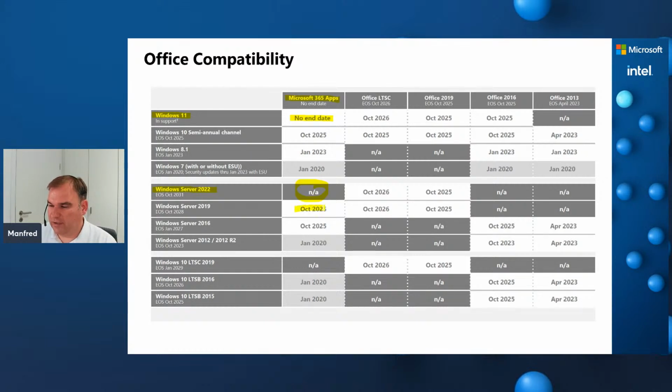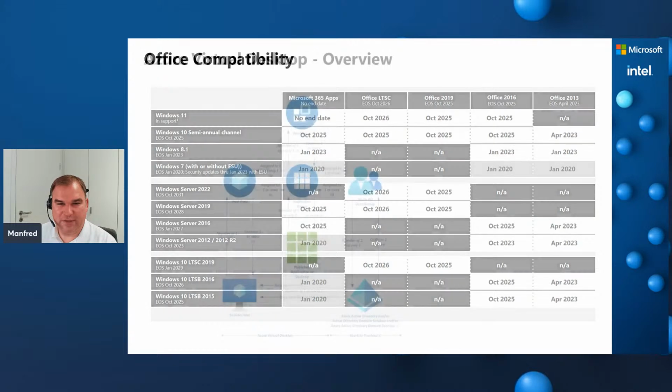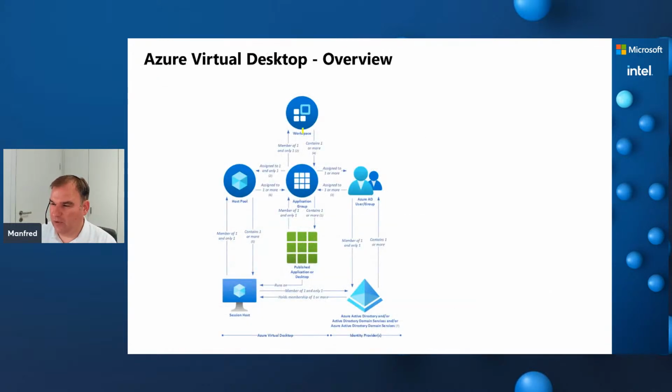For sure, we can run a downgrade to the previous version, but the recommendation is to use Windows 11 as a platform. When we look at the single components on Azure Virtual Desktop, then we have our workspaces.